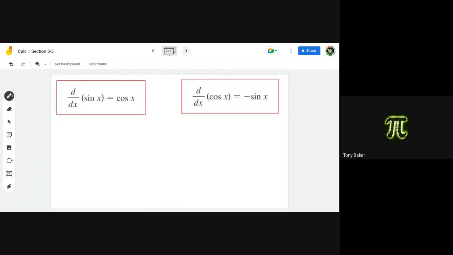All right. So I'm just going to give you the cosine of x one and not have to go through all those steps again. It's the same process though. So the derivative of sine of x is cosine of x. The derivative of cosine of x is negative sine of x.